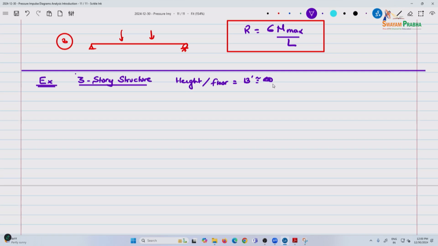What's a typical floor height here? 4 meters or 3 meters? 3 meters? Yeah, 3.6. So that's probably 13 feet, right? We'll do this problem in units, to be consistent, kips and inches.